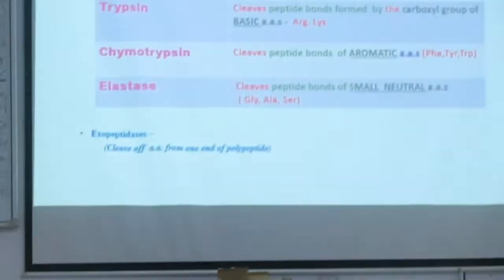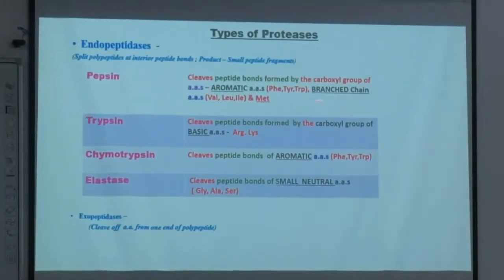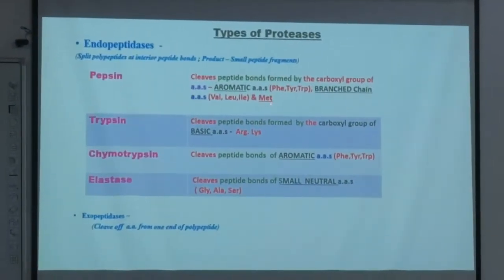See, pepsin, you just note it down, I need not write, you are now quite capable of understanding this thing. Pepsin cleaves the peptide bond from the carboxyl group of aromatic, branched chain and methionine. Remember, aromatic, branched chain and methionine. Trypsin cleaves the basic amino acids. Chymotrypsin, aromatic.